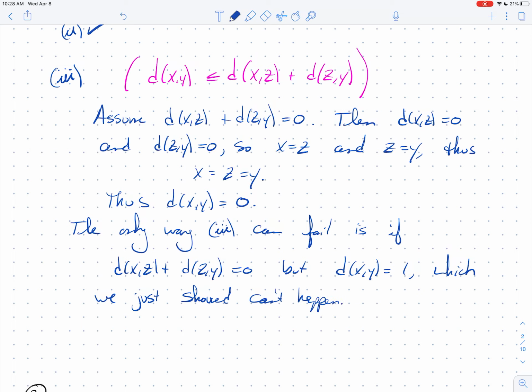And so we've shown now that D is indeed a metric on X.